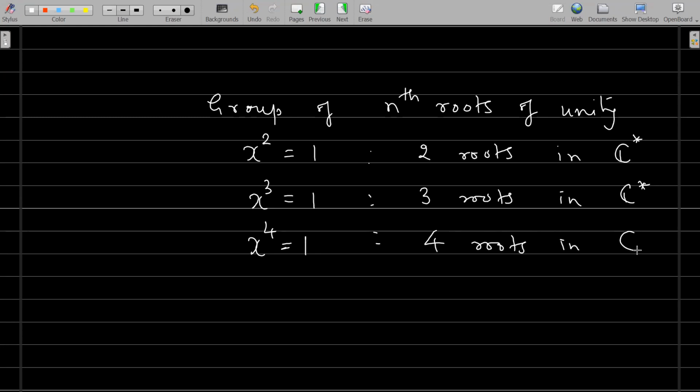Note, we may not have all 4 roots in R or R star, but we have all n roots in C star. That's a result by Gauss, known as the fundamental theorem: every degree n polynomial with coefficients in C has a root in C, and applying it again and again, we get exactly n roots in C. That's the result due to Gauss. In fact, that was his PhD thesis, the fundamental theorem of algebra.